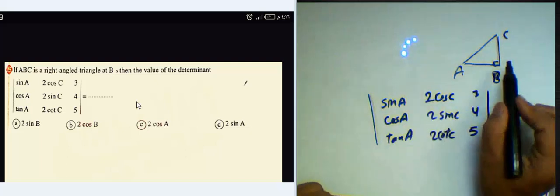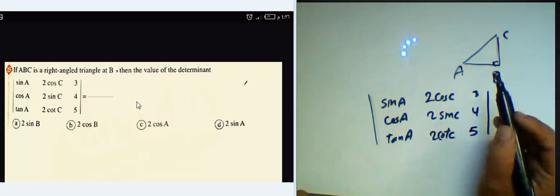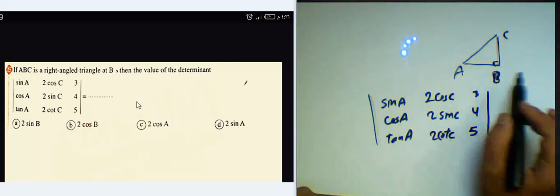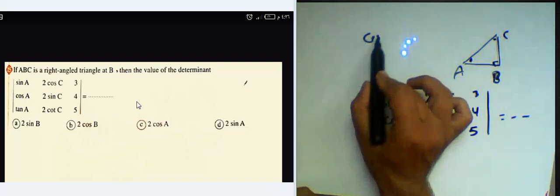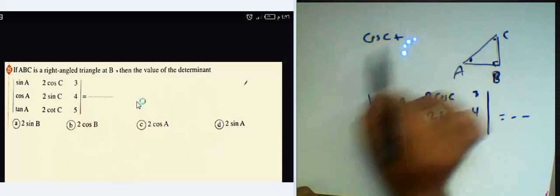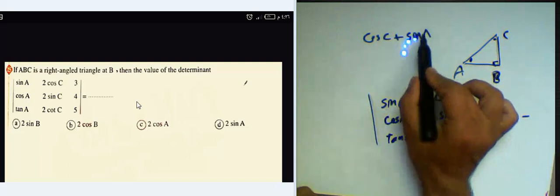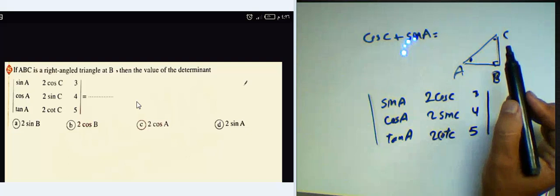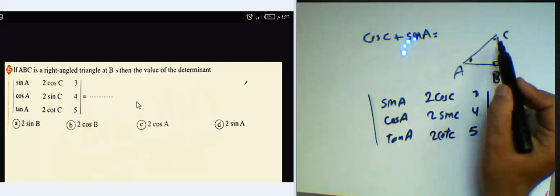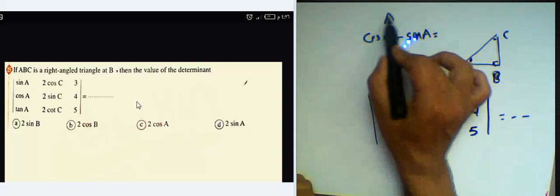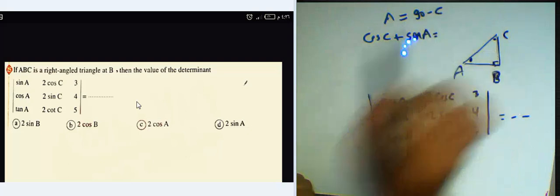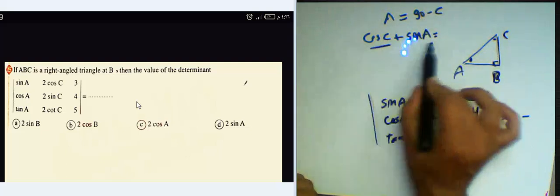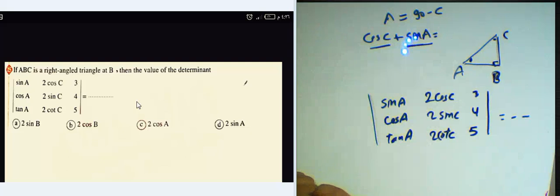We know the area of this triangle equals half times base times the height, and we can find the relation between angle A and angle C. We know cosine C plus sine A equals what? You have this angle A and C, A equals 90 subtract by C. Then cosine C plus sine A equals what?